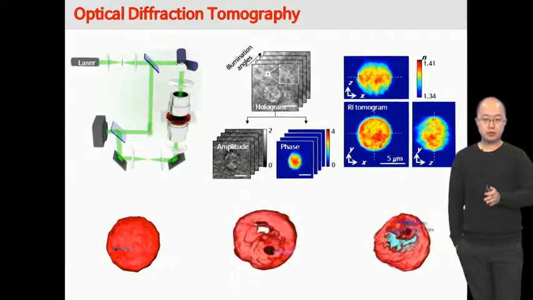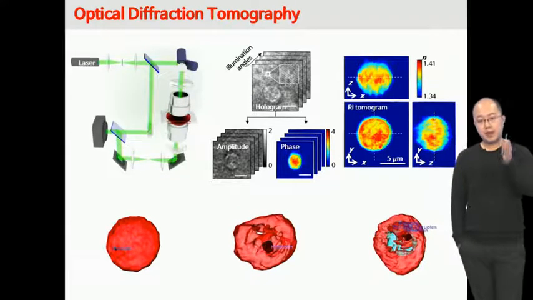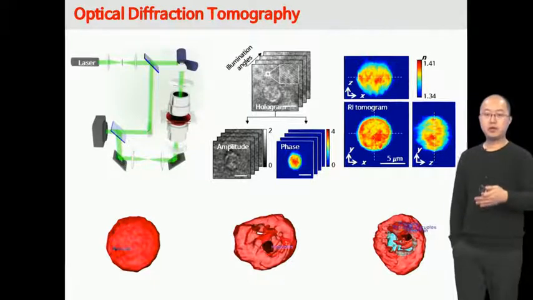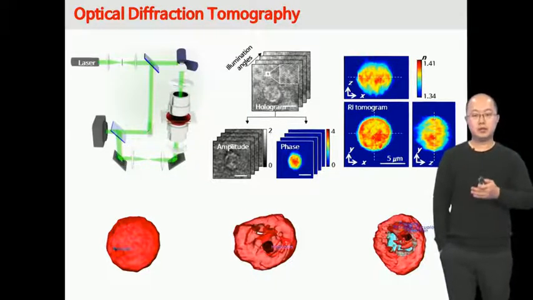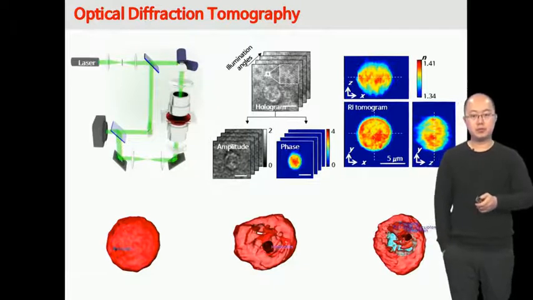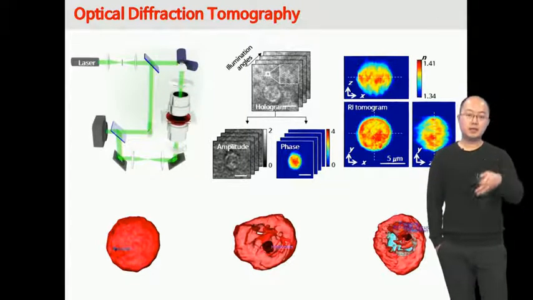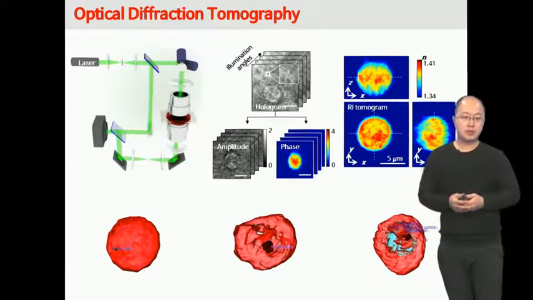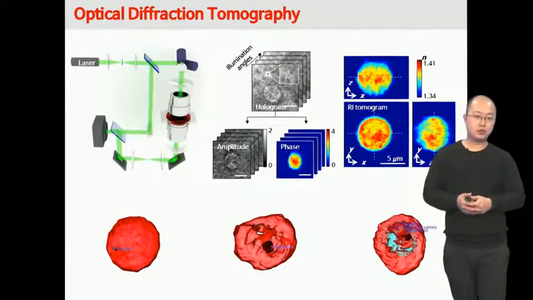Using laser interferometry, one beam, the sample beam, passes through or is reflected from the sample, and this beam interferes with a well-defined reference arm in order to retrieve the hologram containing the complex amplitude, which means both the real amplitude and phase information about the sample. By changing the illumination angle, you get different responses about the sample, and from those multiple two-dimensional measurements, using a reconstruction algorithm, you can retrieve the three-dimensional distribution of refractive index.